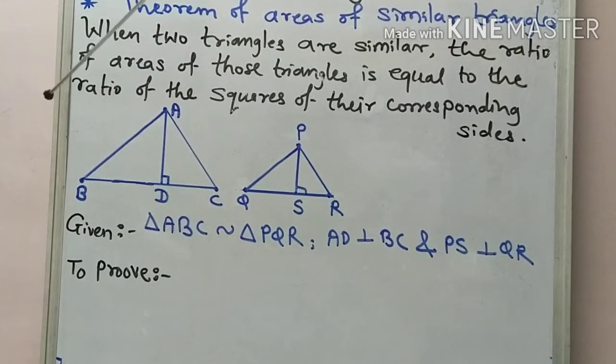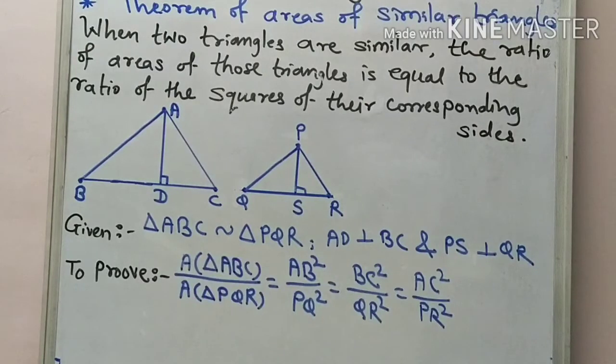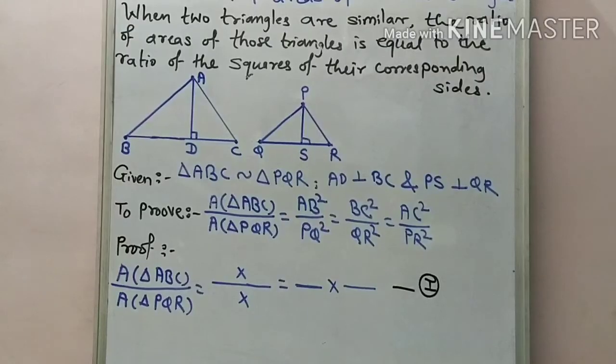So pay attention over here, students. Here we write the to-prove part: the ratio of areas of those two triangles is equal to the ratio of squares of their corresponding sides. As we know, every theorem depends on previous properties, and here to prove this, we use the property of the ratio of areas of two triangles.